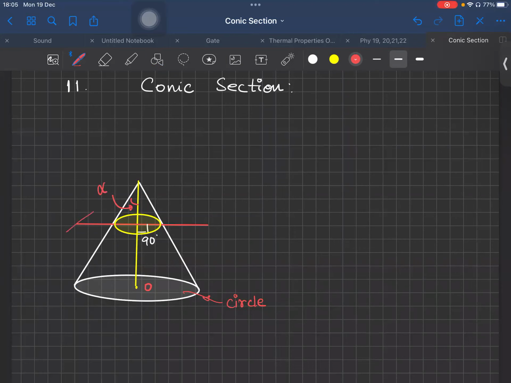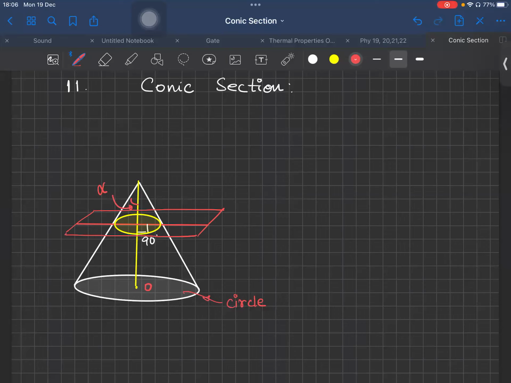This is a plane that you are using like a blade, to cut perpendicular to the surface of the cone. Can we imagine this part? You know what a plane is, right? It's a 2D surface.